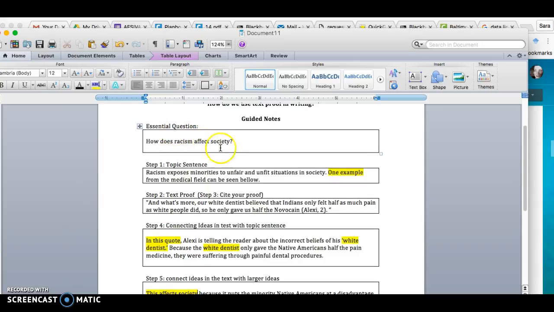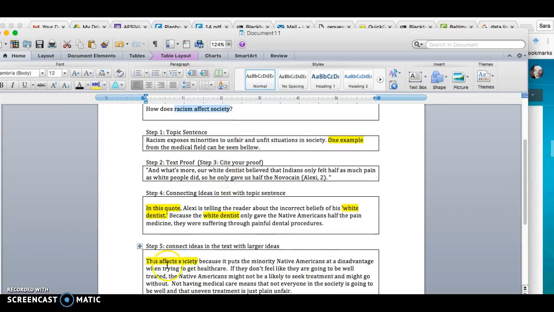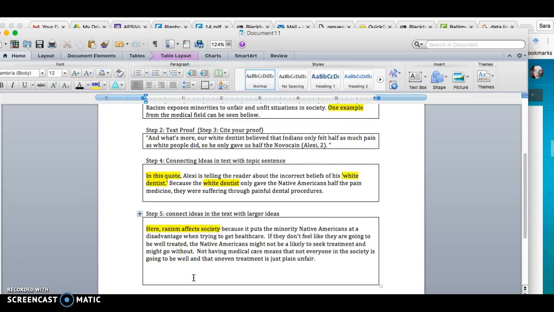And then notice, I'm restating the major part of my essential question right here. So, how does racism affect society? All right. And I could say racism, but right here I'm saying this affects society because it puts the minority Native Americans at a disadvantage.